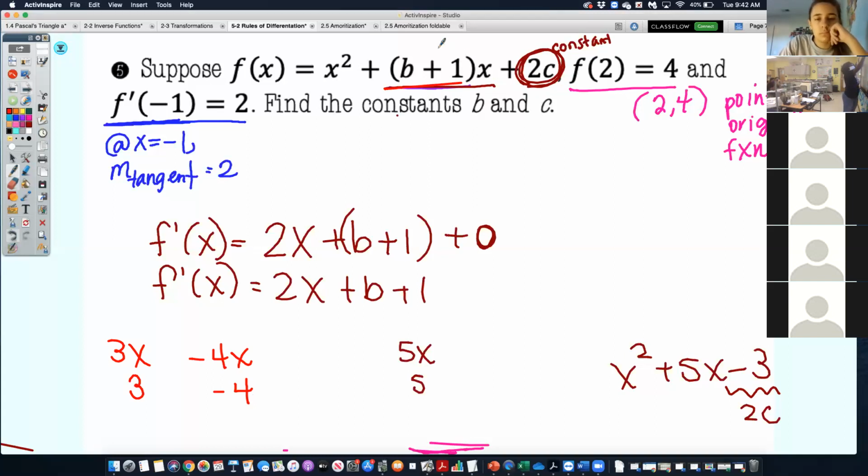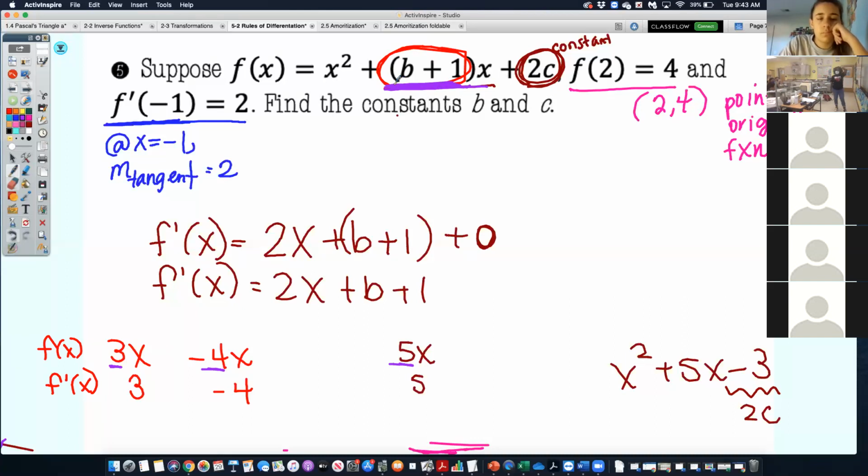This b plus 1 is equivalent to those numbers that are in front of the x. So when you take the derivative of b plus 1x, you're just dropping off the x and left with that constant. The same thing is happening here. All of these represent the original function. These are their respective derivatives. Every single time I'm left with just the number that's in front of the x. So when I take the derivative, I'm only left with the number in front of the x, which is that b plus 1 number.